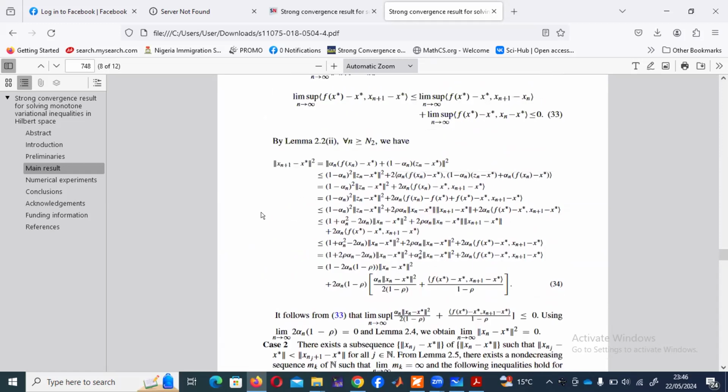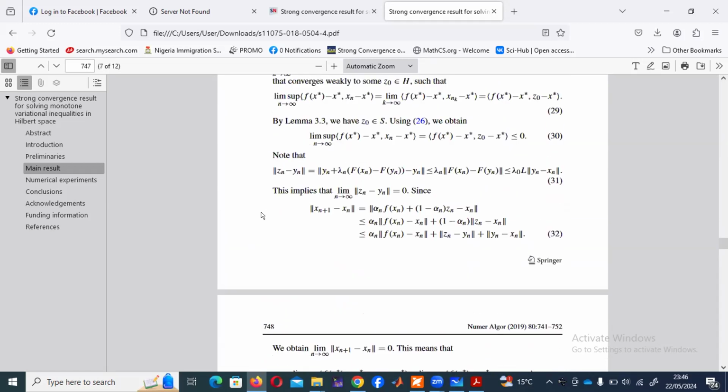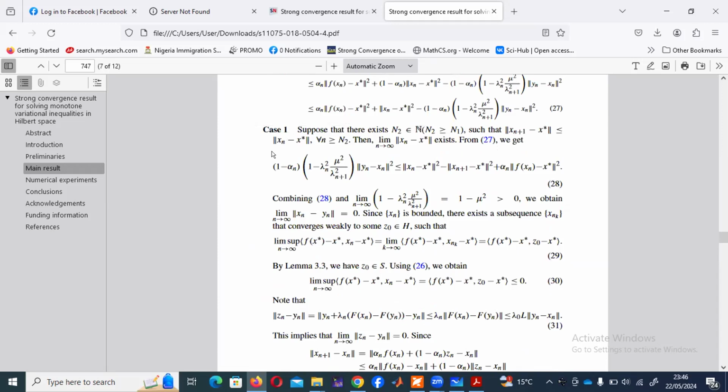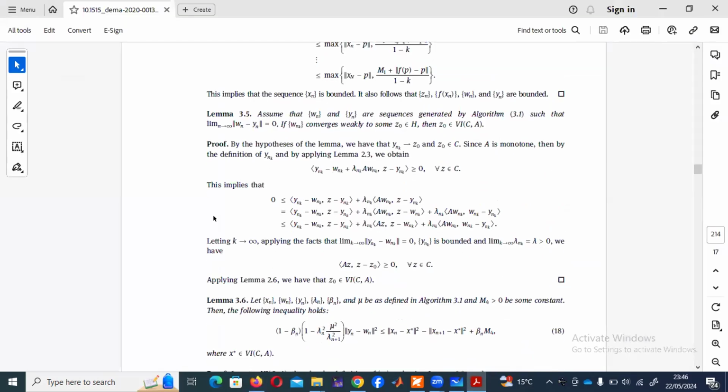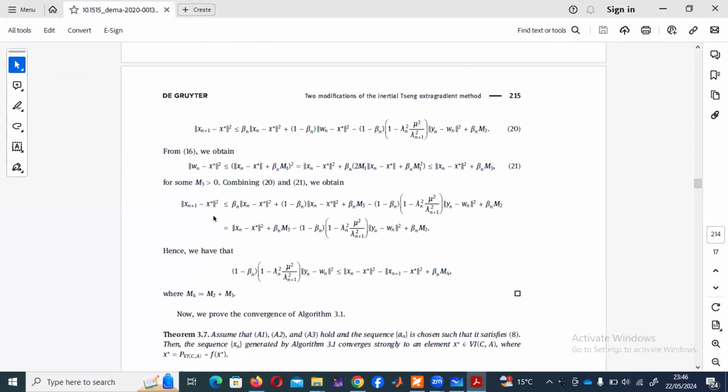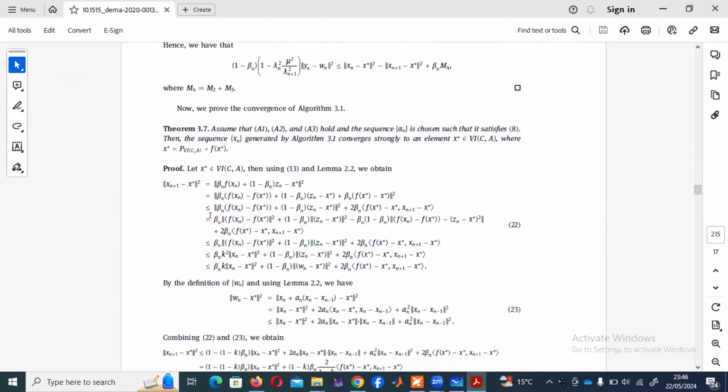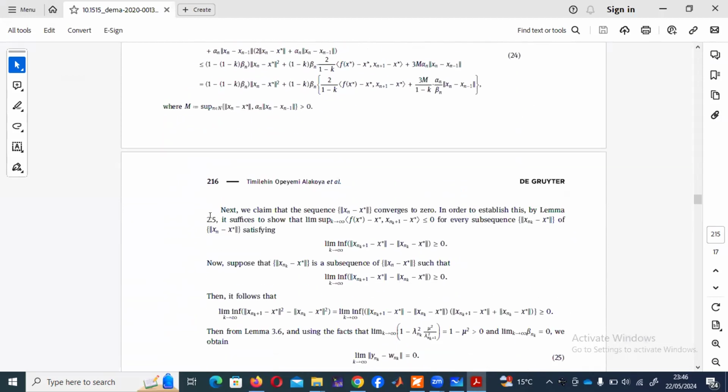And here I think there's something we call the case 1, case 2 approach. That's what these guys have used. Case 1, where you first assume the sequence is monotone, and a case where the sequence is not monotone. But I don't think that's exactly what these guys did in their own. Let me see. To show their own strong convergence, they did not use case 1, case 2.